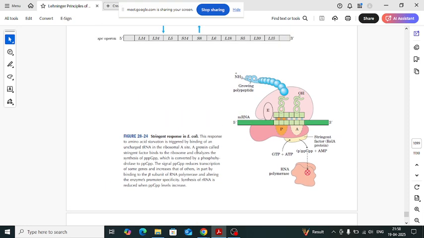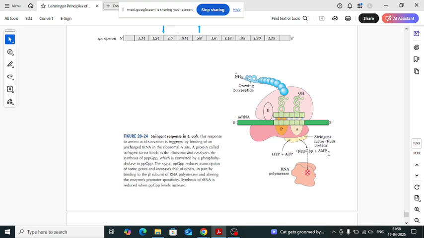There is a stringent response in E. coli, where the response to amino acid starvation is triggered by binding of an uncharged tRNA in the ribosomal A site. A protein called the stringent factor, or RelA protein, binds to the ribosome and catalyzes the synthesis of pppGpp.